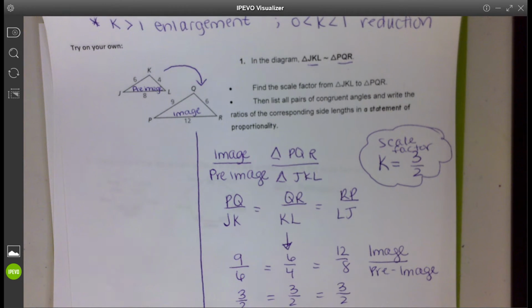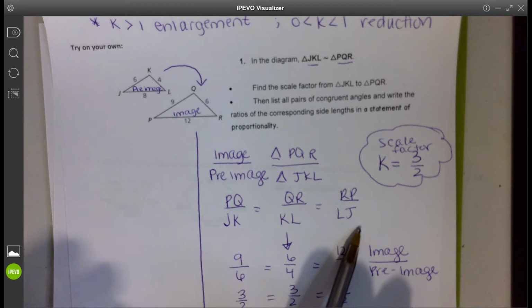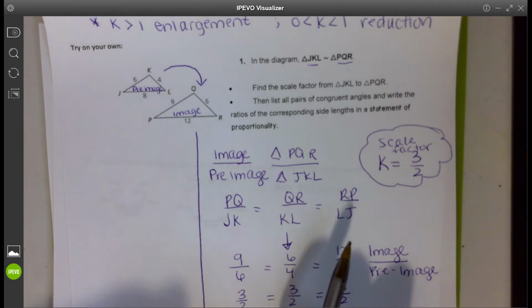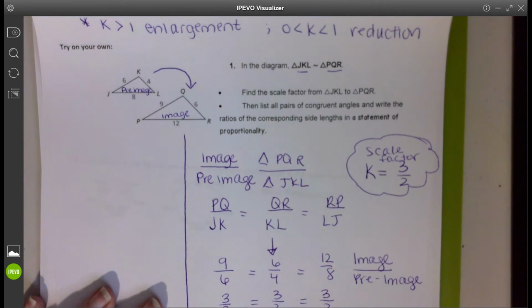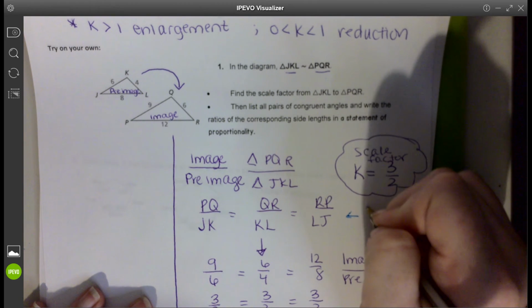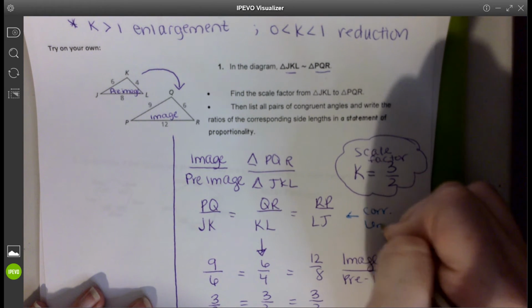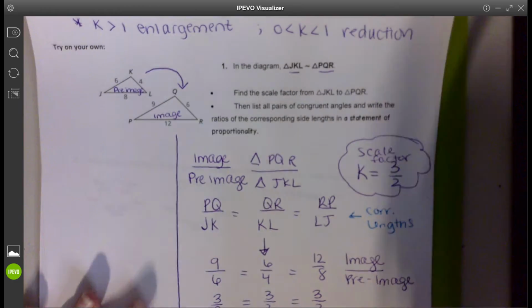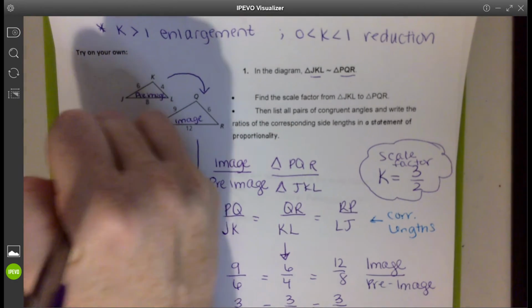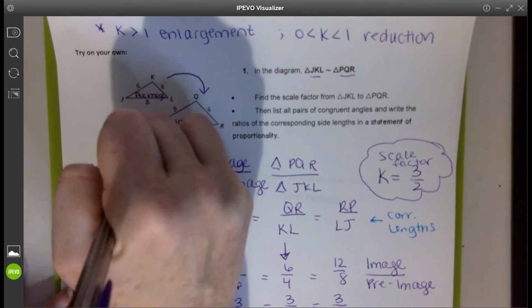All right, and then the last part, it said that it wanted us to not only find the scale factor, it wanted to list the corresponding lengths, which we already did. These are our corresponding lengths. So I'll label that. And then they want us to list our corresponding angles.